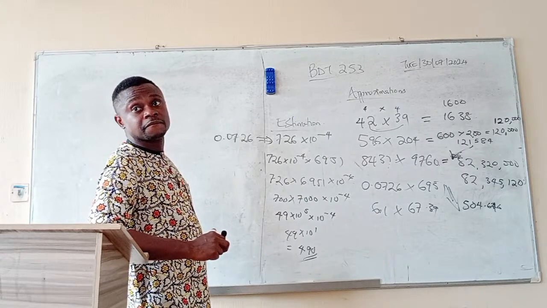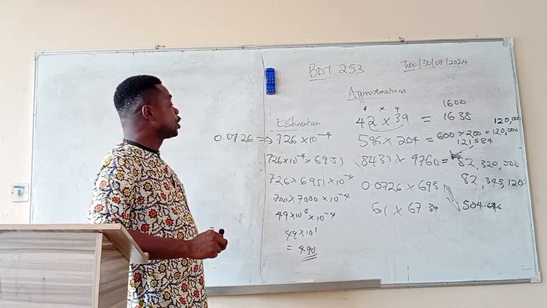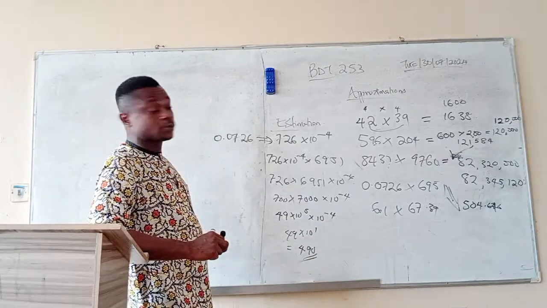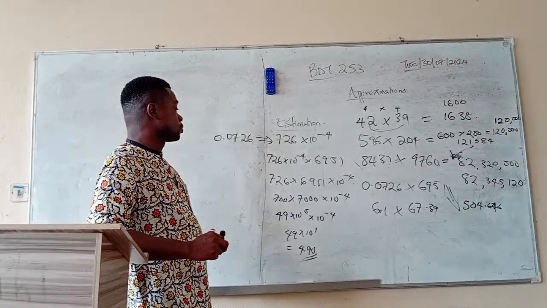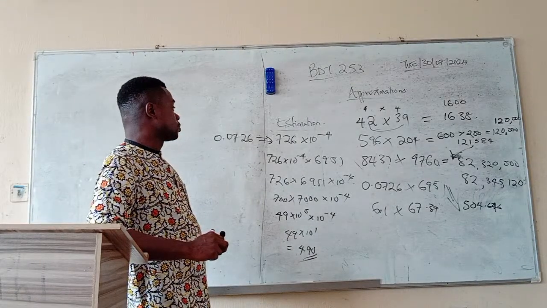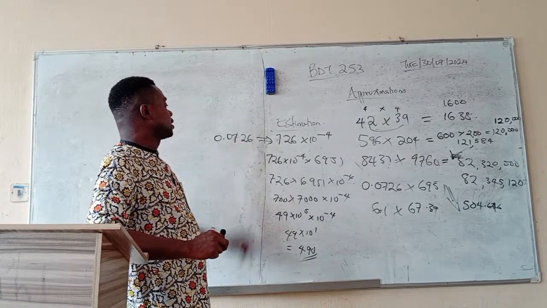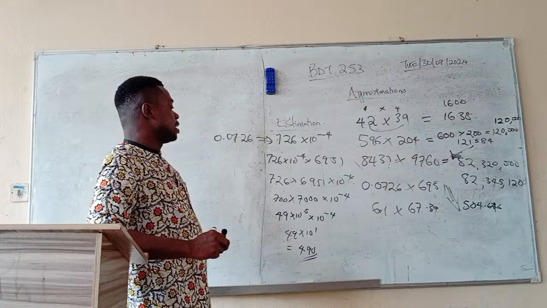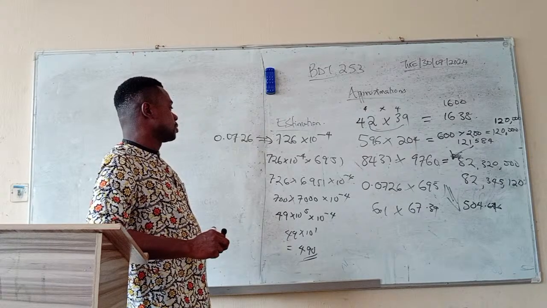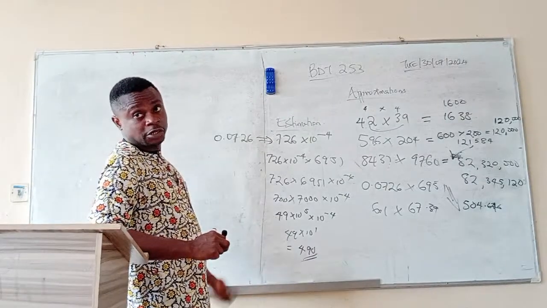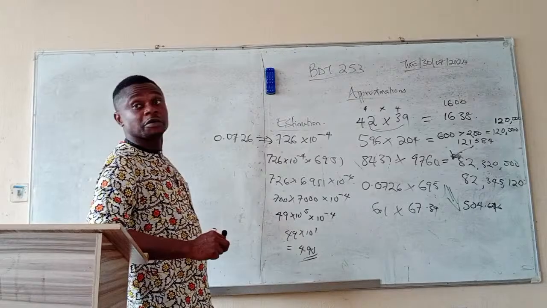I got the same answer. It's not like this. Okay. So what did you do? 0.0700 times 7,000. So 0 point what? 700 times 7,000 gives you 490. It's the same thing now.